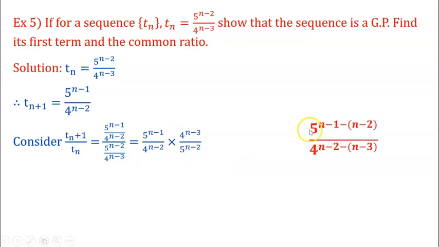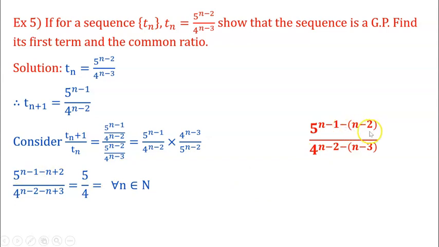And see this here, the next simplification. 5 is to n minus 1 minus 5 is to n minus 2 means what? Minus in bracket n minus 2. What about the 4 raised to n minus 2? Take this term to the denominator. Then you will get here 4 is to n minus 2 minus in bracket n minus 3. And then after simplification, if we open the bracket, the sign will change.